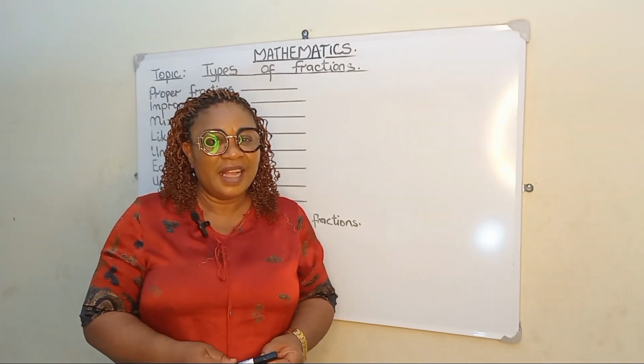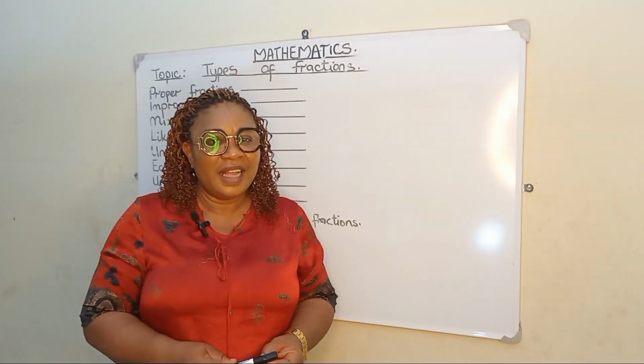Okay. Mixed fraction. Mixed fractions are those fractions that mix with proper fraction, whole number mixing with proper fraction. Mixed fractions are those fractions when the whole number is mixed up with proper fraction.